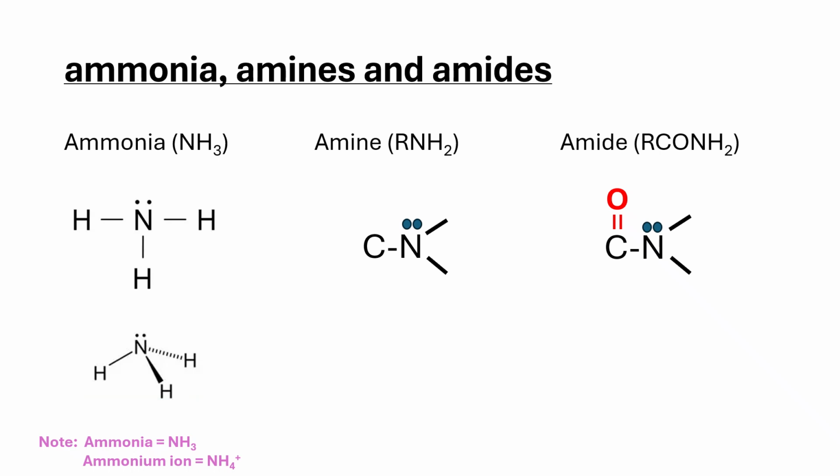An amide has a C double bond O on the carbon that's bonded to the nitrogen. I think of this as the carbonyl group, C double bond O. That oxygen reminds me of the little circly bit on the D alphabet, but amine doesn't have any circly parts in its alphabet either. So if you see a circular bit, that means it's got oxygen, so it must be an amide.